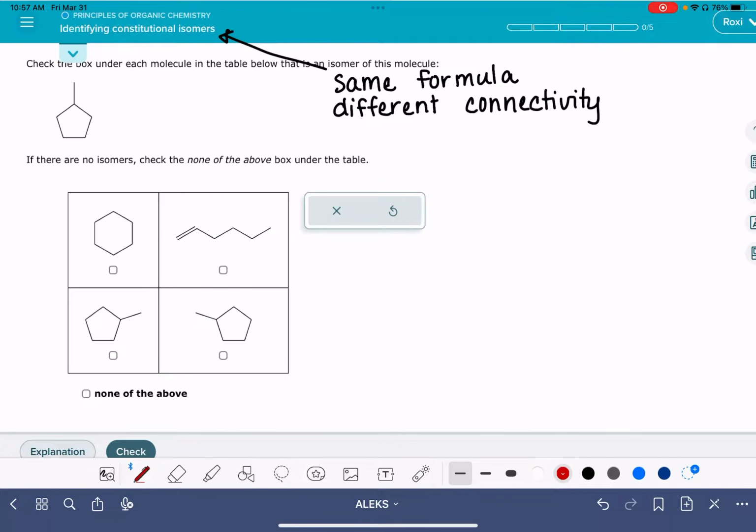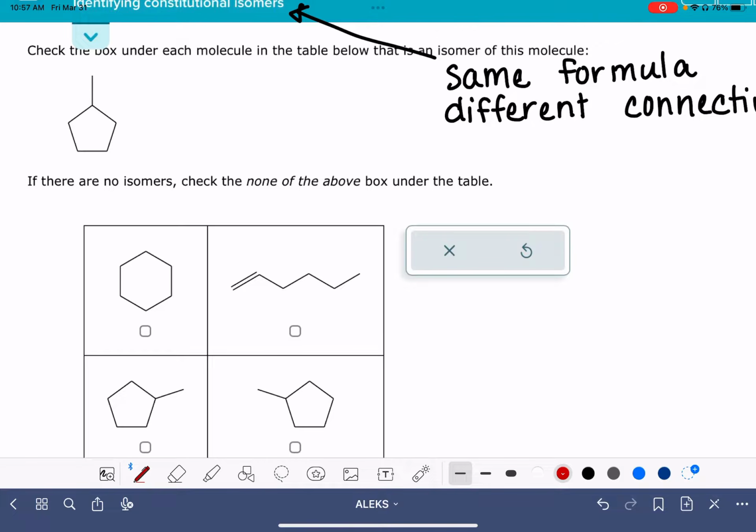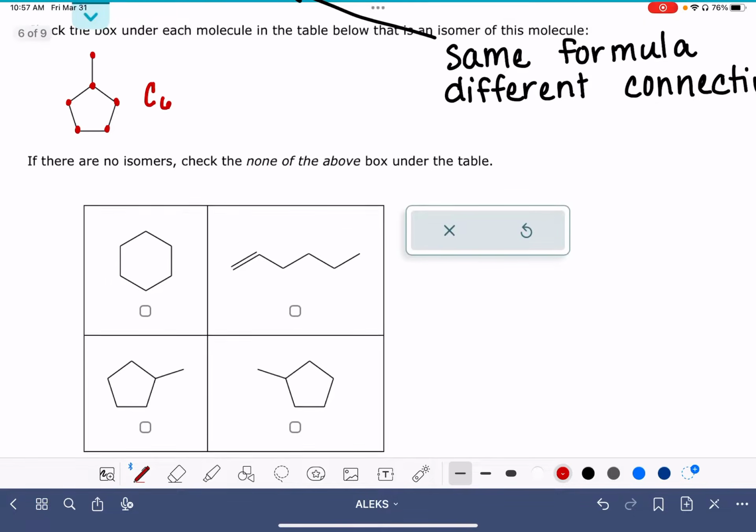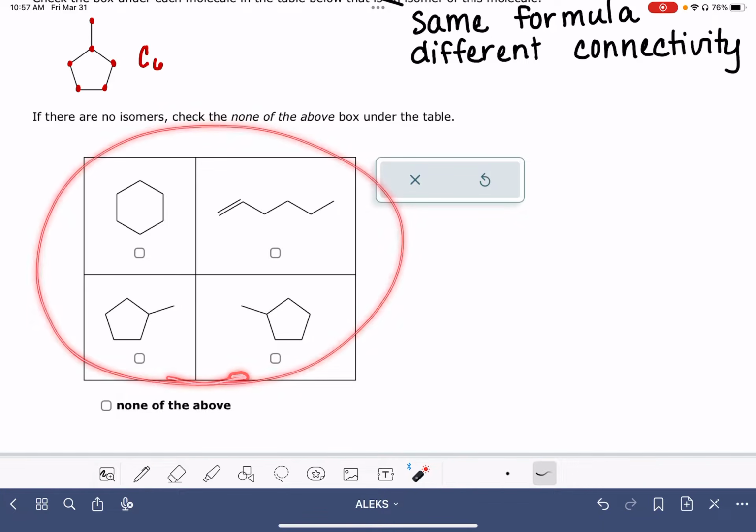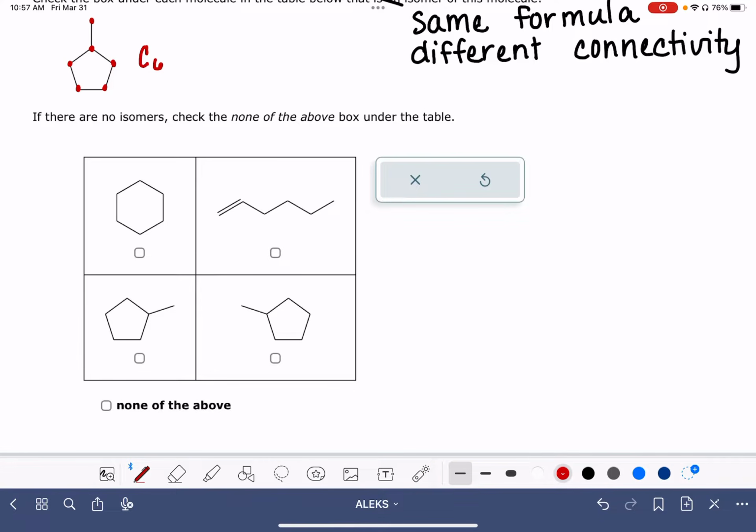In the molecule that's provided to me, let's see how many carbon atoms I have. 1, 2, 3, 4, 5, 6. So that's a C6. The first thing that I'm going to do, before I even count hydrogens, is check these molecules right here and see how many carbon atoms they have. If any of them have more or less than 6 carbon atoms, I know that it's not an isomer.